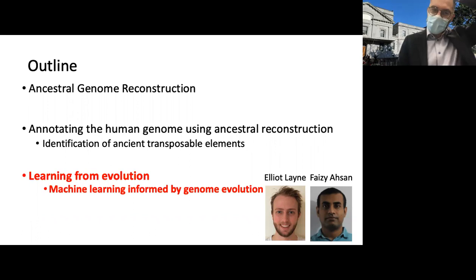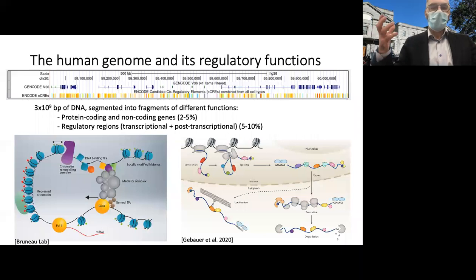Okay, I want to talk now about how we can make use of evolutionary information to understand and identify particularly critical regions of our own genome, in particular those that are involved in gene regulation.